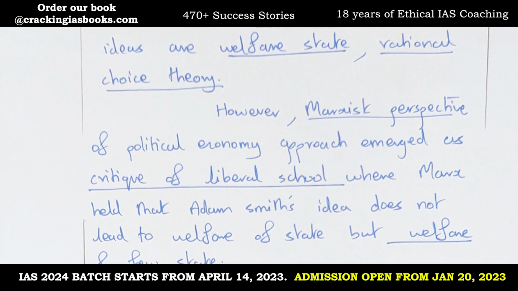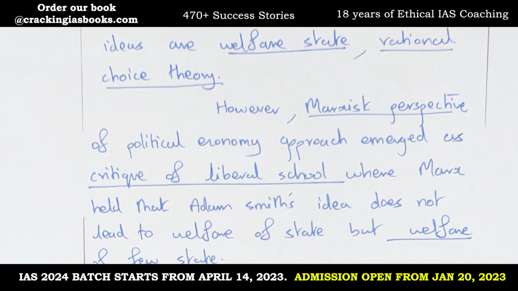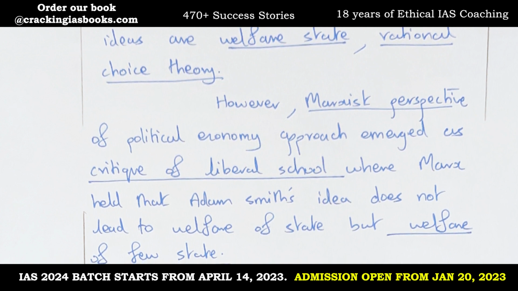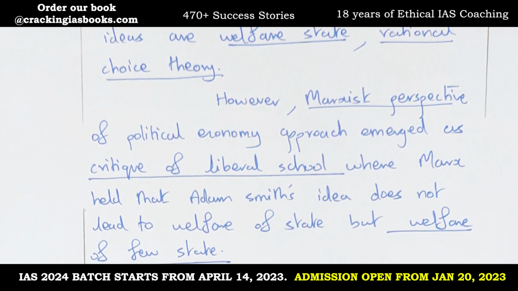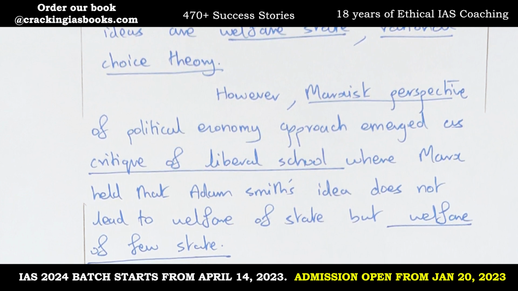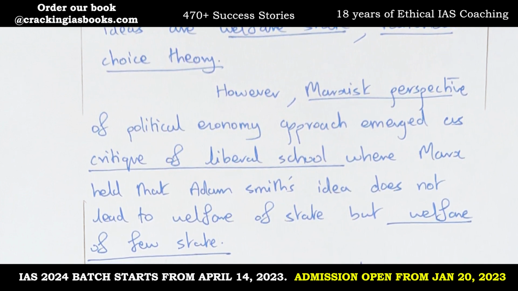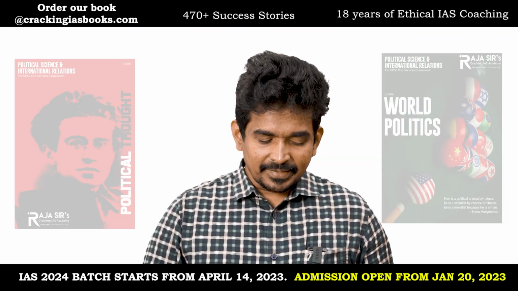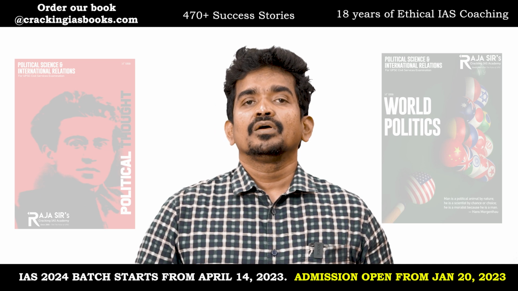The next paragraph: however, the Marxist perspective of political economy approach emerged as a critique of the liberal school, where Marx held that Adam Smith's idea does not lead to the welfare of the state but the welfare of a few states. Again, you see one thing.